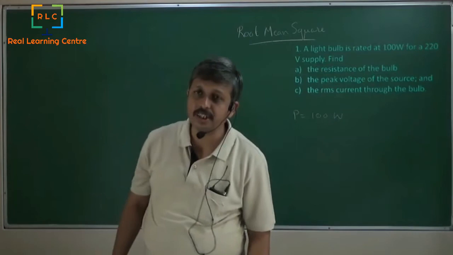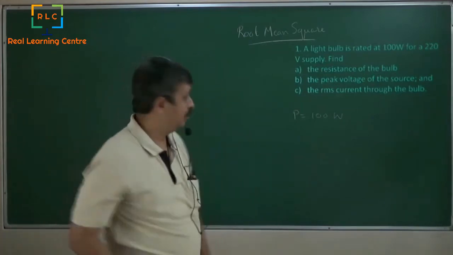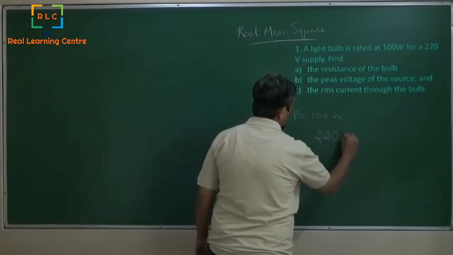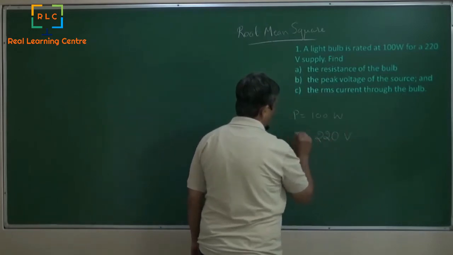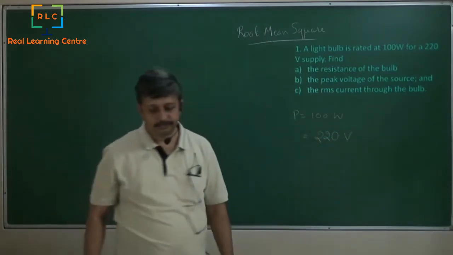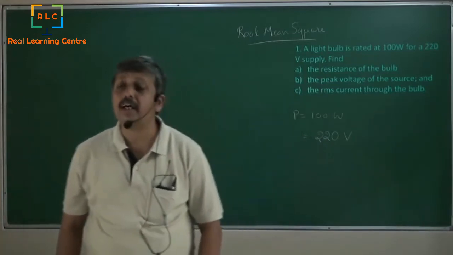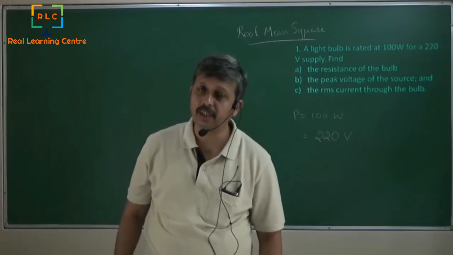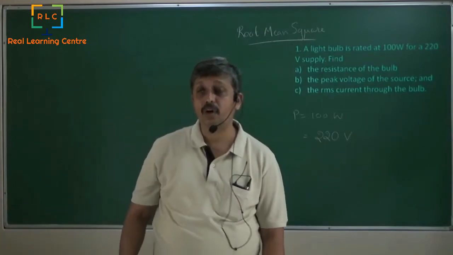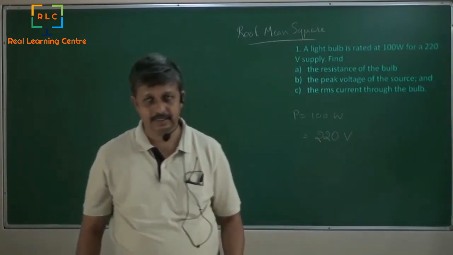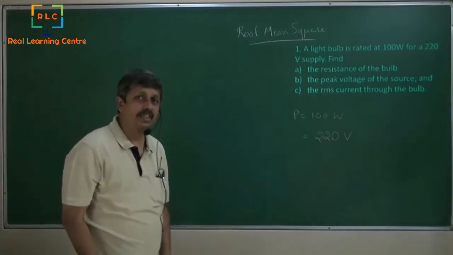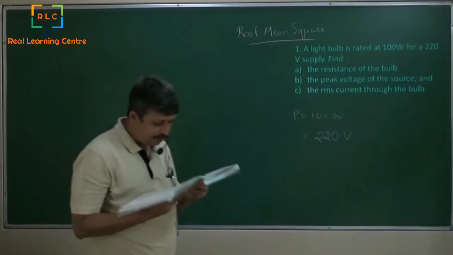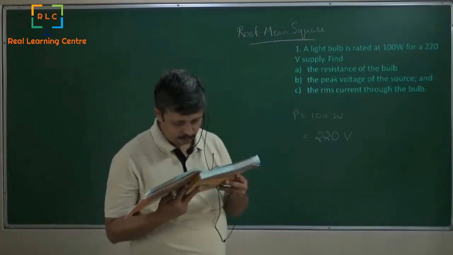So our question is, whenever they specify 220 volts, what is this? If we know that, then we can calculate I, and we can also calculate the value of R and all these things. If it is DC, it is very straightforward for you to do. Now if it is AC, what do we do?